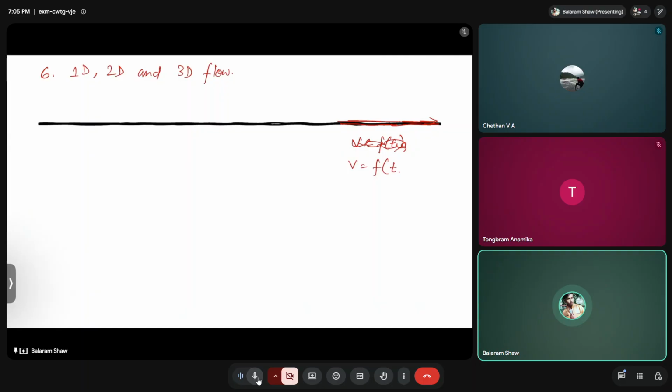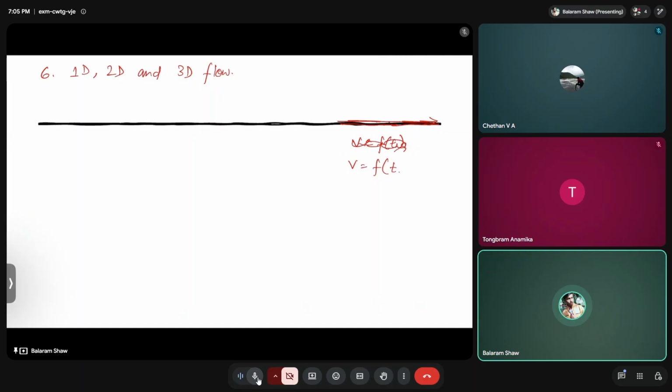Let's say if you consider 3D flow, and you call up the specific discharge, we have seen what is specific discharge, right? Specific discharge q is equal to Q by A, where Q is the flow rate and A is the cross-sectional area.